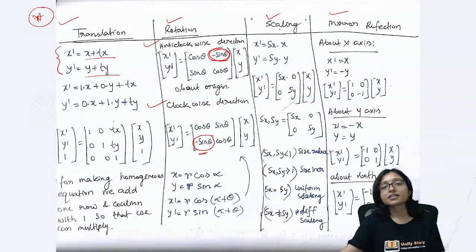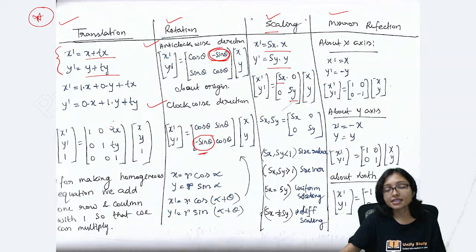Other than that, this is the scaling matrix format, Sx, Sy. This is the homogeneous matrix format. Homogeneous means I am adding an extra row and column here, so I have to make the unit matrix: 0, 0, 1.